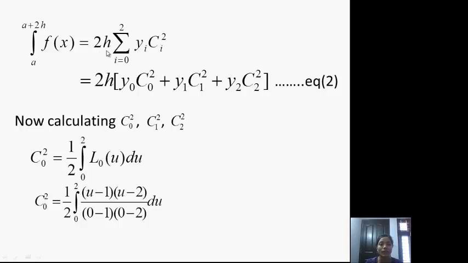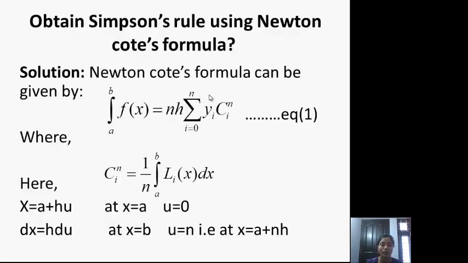We'll find 2h summation i equals 0 to 2 of y_i C_i^2. Here C_i^2 is the Cotes number, and we have to find all Cotes numbers, that is C_0^2, C_1^2 and C_2^2, by the formula given here, 1 upon n, integral from a to a plus nh of L_i(x) dx.